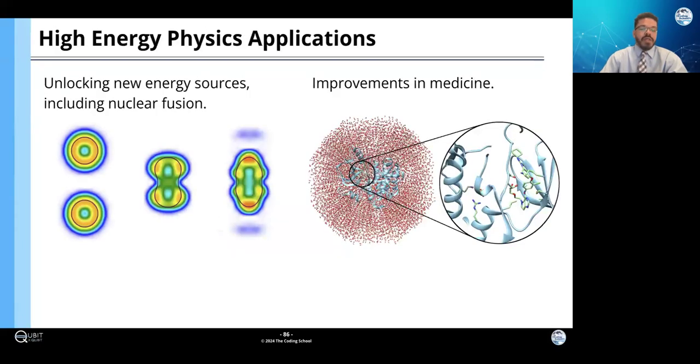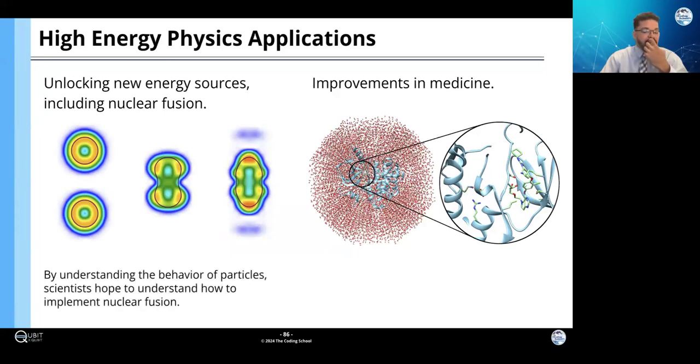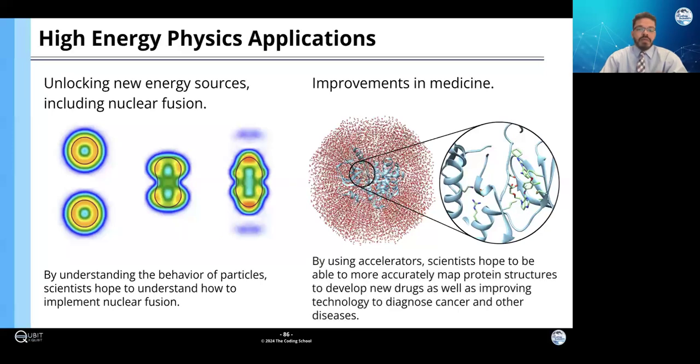Okay, applications of high energy physics. New energy sources like nuclear fusion. Maybe when we understand the behavior of particles, we'll be able to do nuclear fusion better. That's an idea. If you think about the way hemoglobin structure was identified, it was through X-ray crystallography.